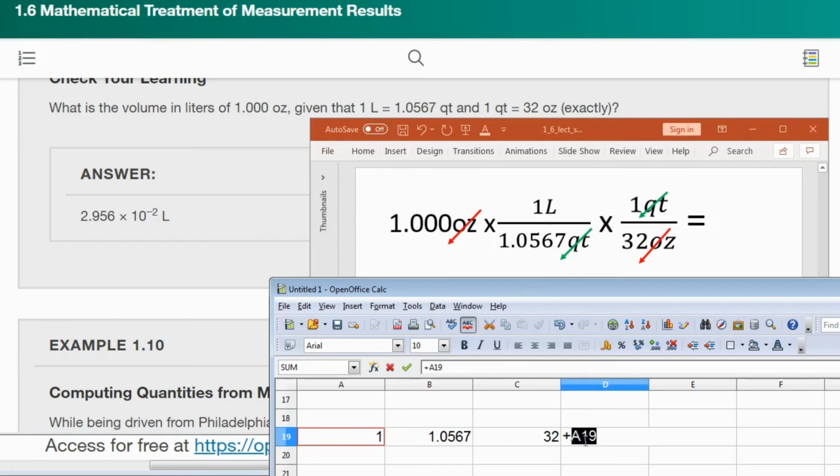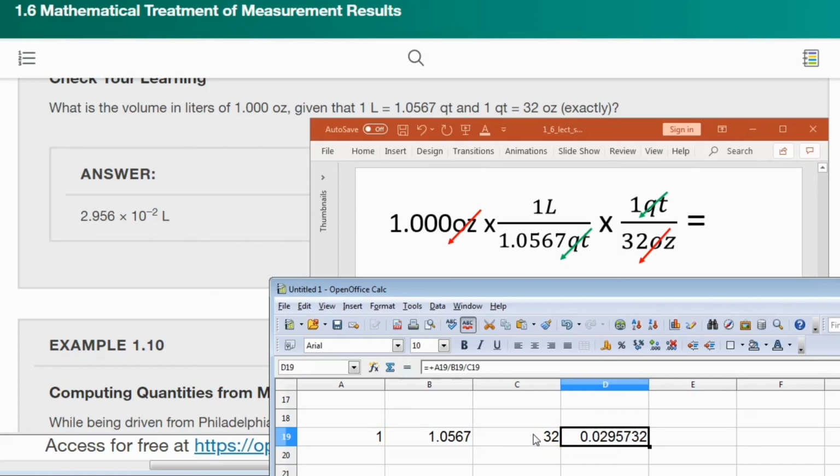So all I do is I highlight the 1 here in column A, and then I press a slash, and then I highlight the next number, which is 1.0567 in the spreadsheet, and then press a slash, and then highlight the next number, which is 32. And we get that number.